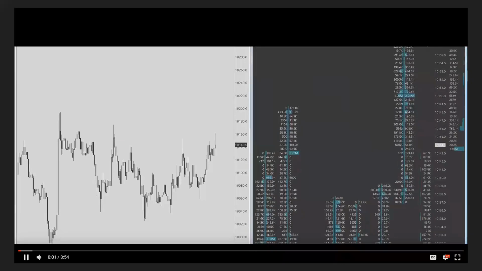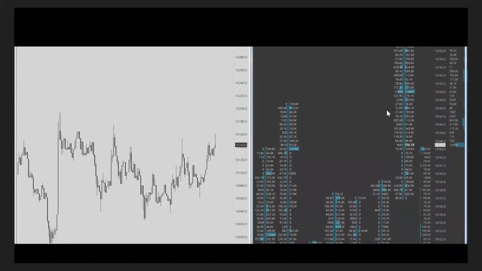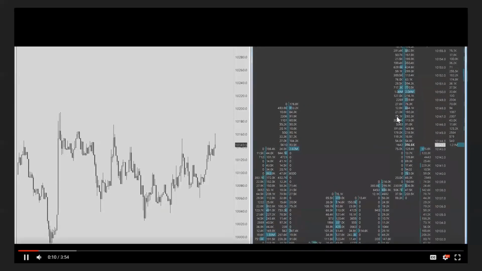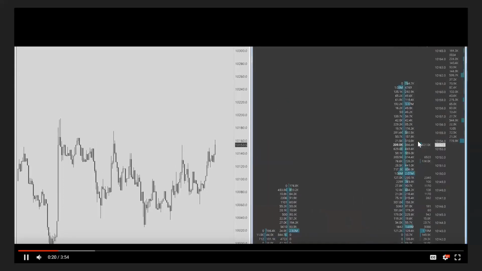On the right here is your basic bid ask footprint. Each of these candles is a 5-minute candle representative of a 5-minute candlestick like you have on the left here, and on the right you've just got the depth of market.